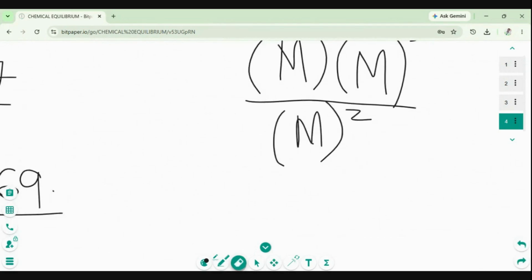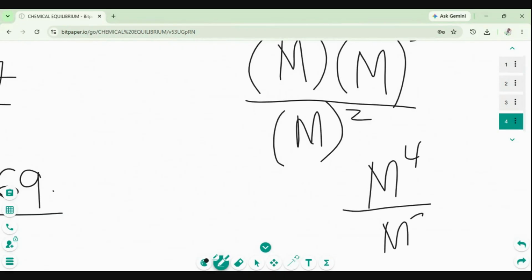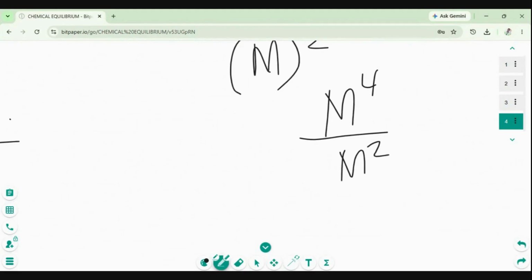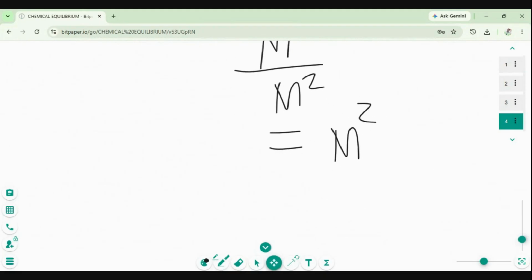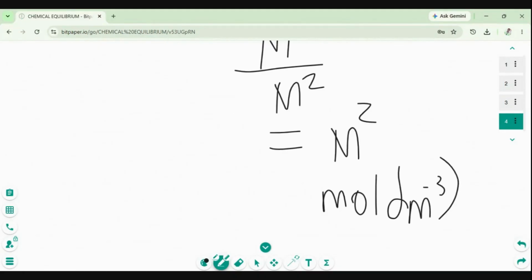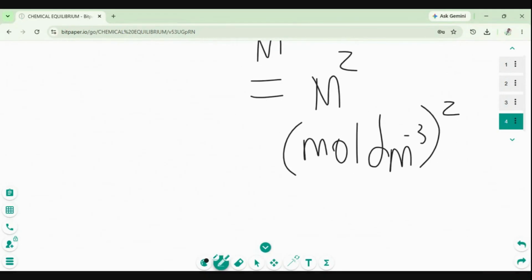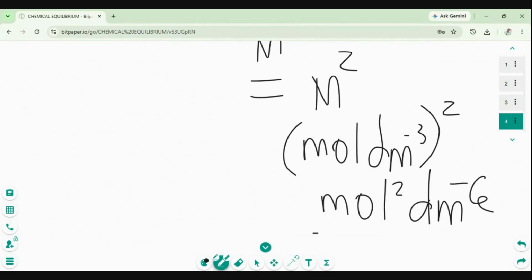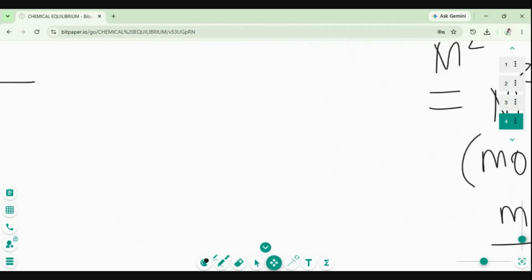So it is M power 4 up over M power 2, which will be equal to M power 2. And we know that capital M stands for moles per decimeter cubed. So if it is squared, then if you multiply and open the brackets, it will be moles squared decimeter power -6. Those are our units.